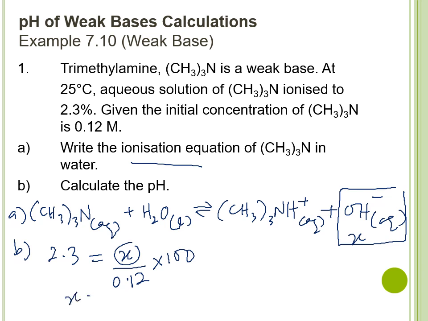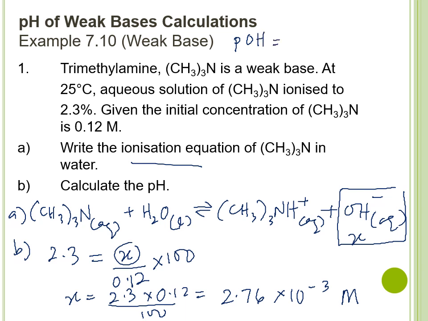So X equals 2.3 multiplied by 0.12 divided by 100. That would be 2.76 times 10 to the power of negative 3 molar. This one, we find the pOH first. That would be 2.56. Once we got the pOH, we would have pH equals 14 minus 2.56. That would be 11.44. That's the answer for question B.